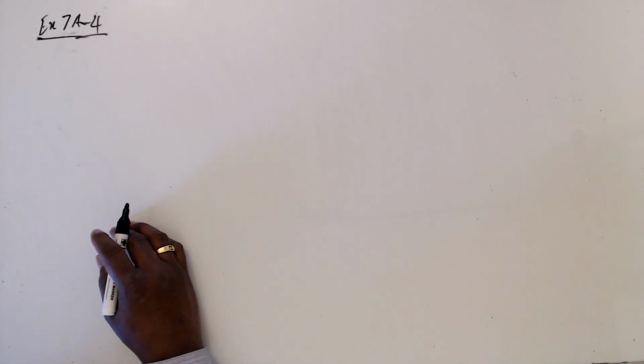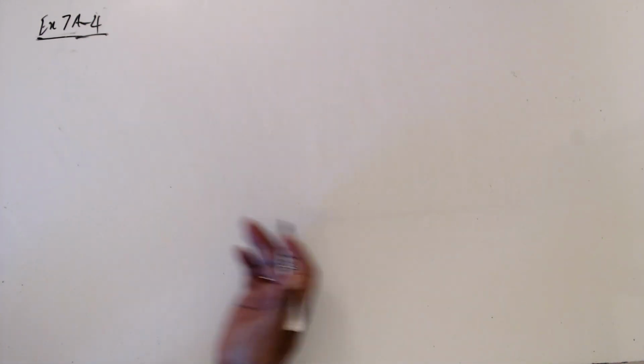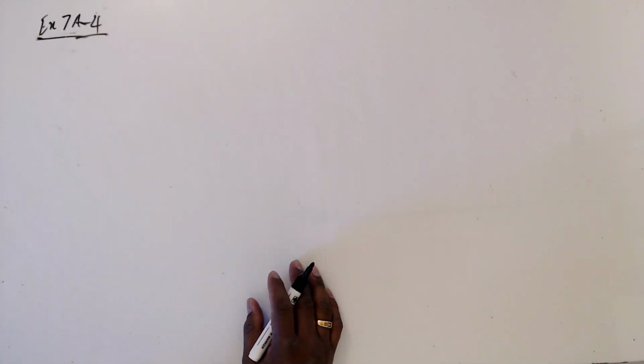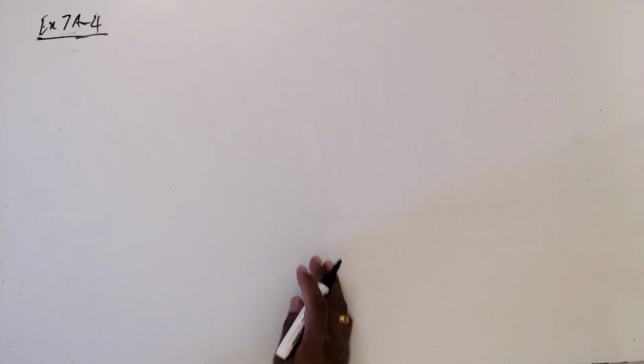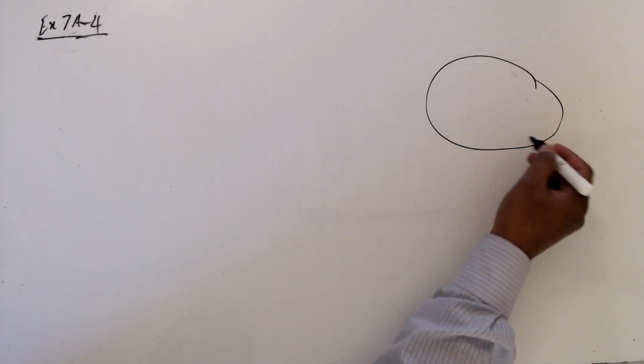Question number 4. She wants to test whether a coin is biased. She tosses the coin 100 times and counts the number of times she gets heads. She says that her test statistic is the probability. So, for example, if you need to test whether a coin is biased or not, you know that in general, in the population, coins are unbiased.